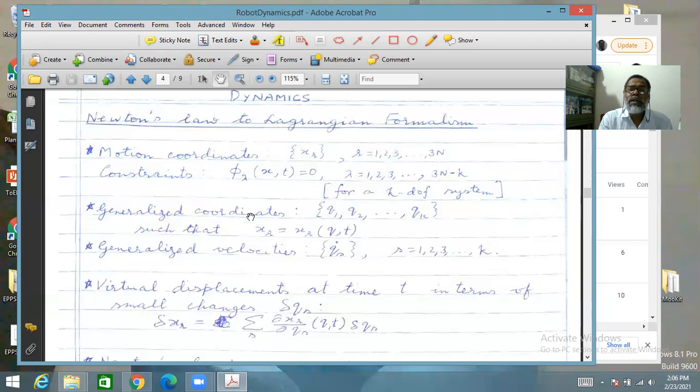So we talk about generalized coordinates. K coordinates of the entire system we choose in such a manner that in terms of those k coordinates, all the other original motion coordinates can be expressed like this. Okay. Because of these constraints, there are 3n minus k equations among 3n unknowns.